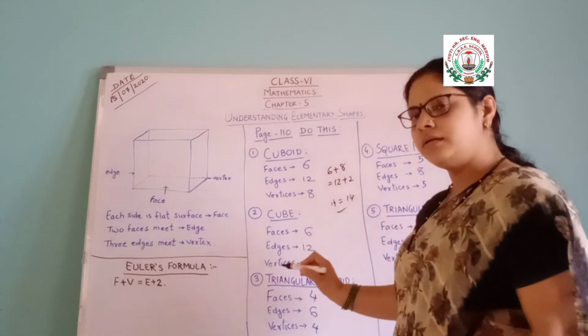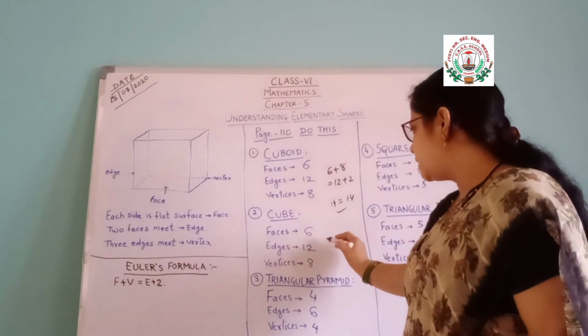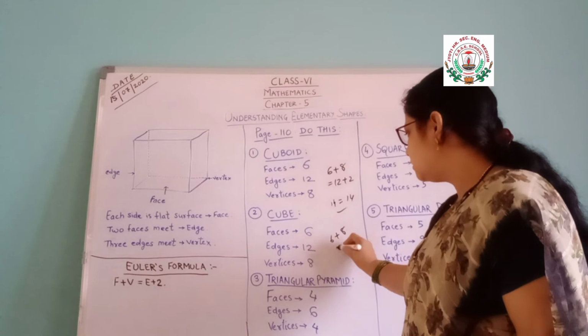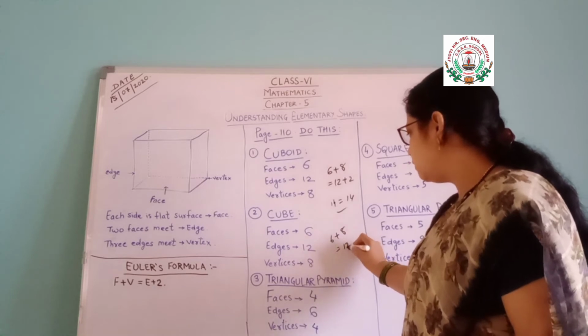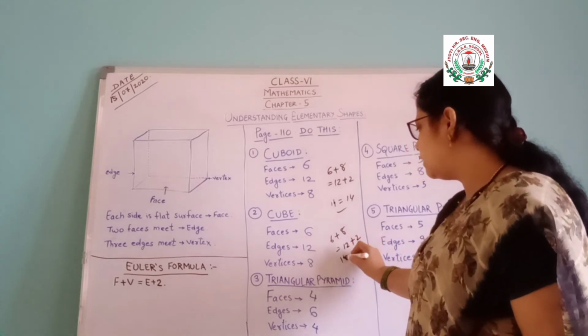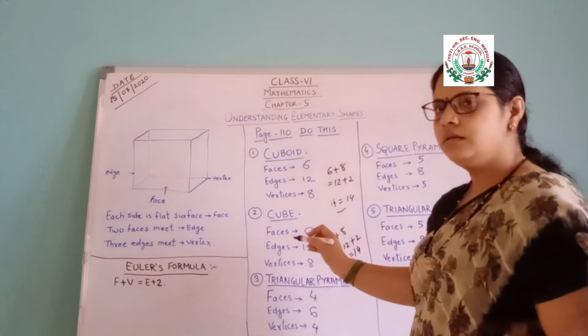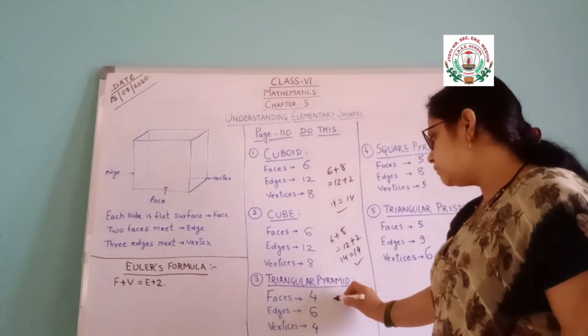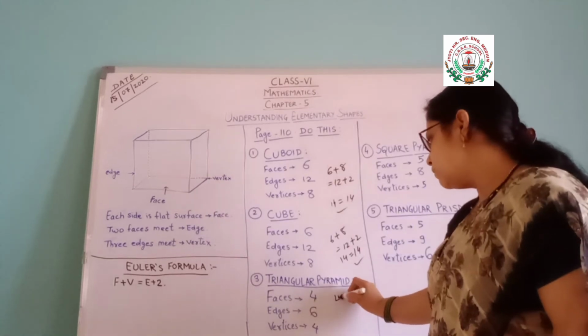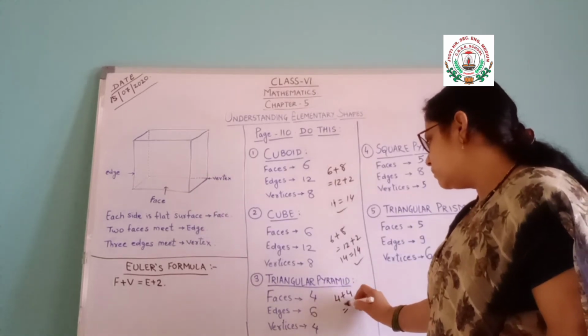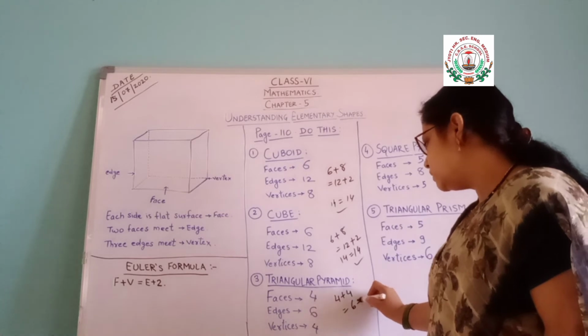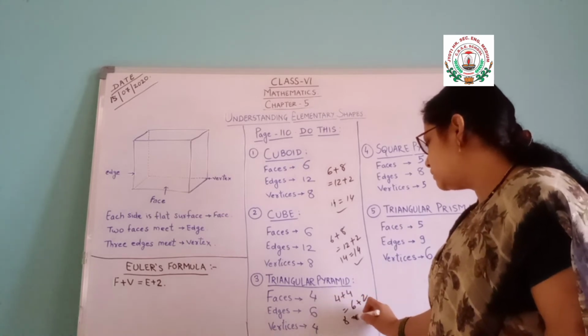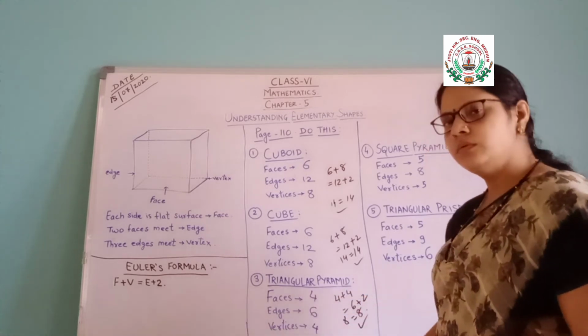It is coming correct. F plus V, 6 plus 8, 12 plus 2, 14 and 14 equal. It is true. Means Euler's formula is true. Here F plus V means 4 plus 4. E plus 2, 6 plus 2, 8 is equal to 8, true.